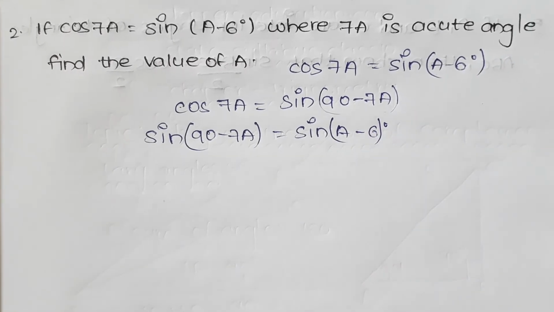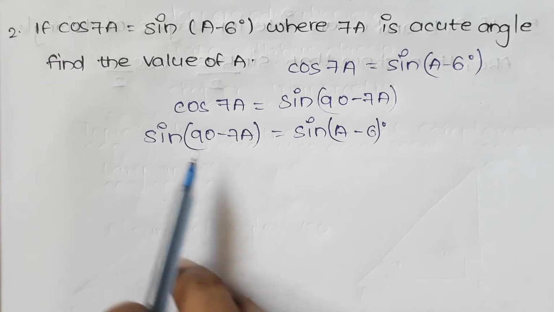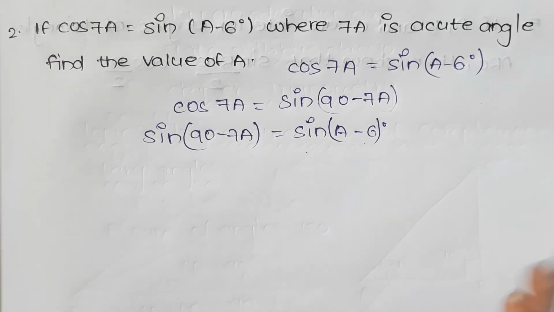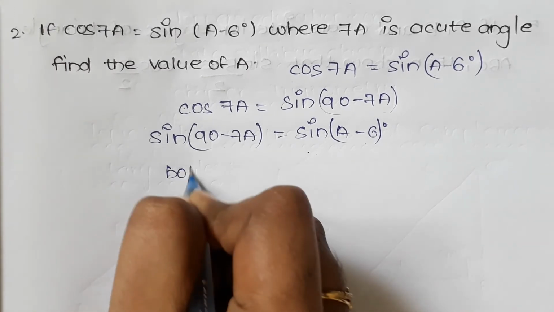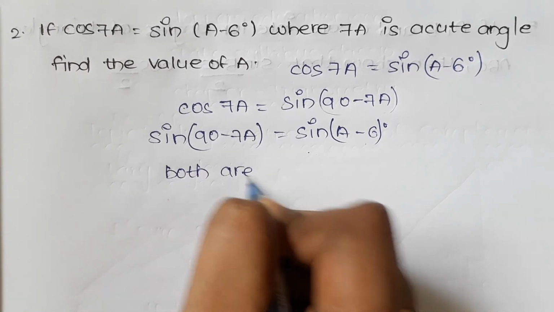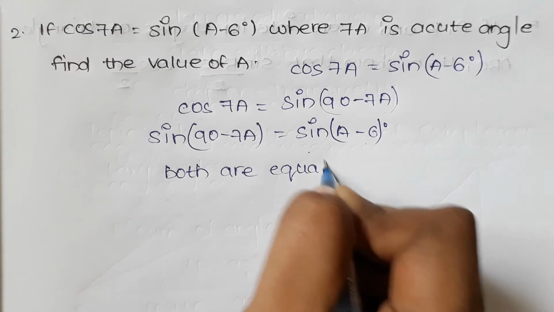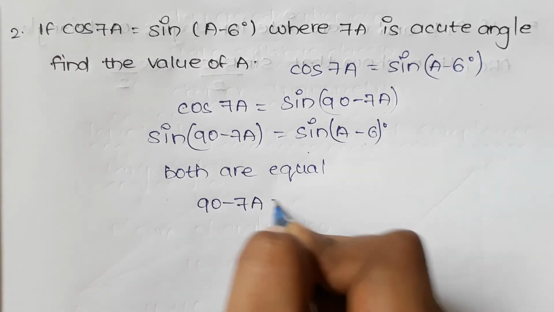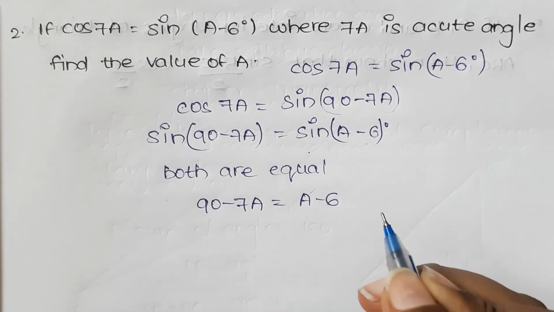Since both 90 minus 7A and A minus 6 are acute angles, they are equal. So 90 minus 7A equals A minus 6.